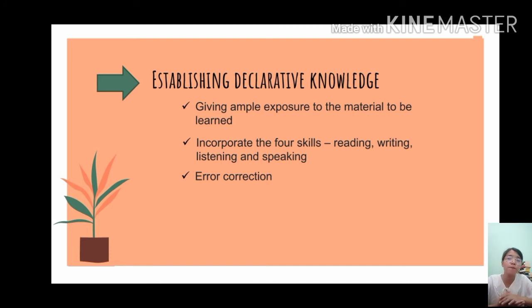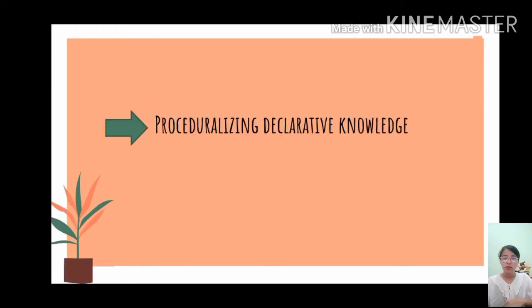And to sum up, declarative knowledge can be transformed into procedural knowledge through meaningful practice over many trials. So next, proceduralizing declarative knowledge. According to Dr. J.R. Anderson's model, the associative stage is where learners coordinate the elements needed to translate declarative knowledge to procedural knowledge.